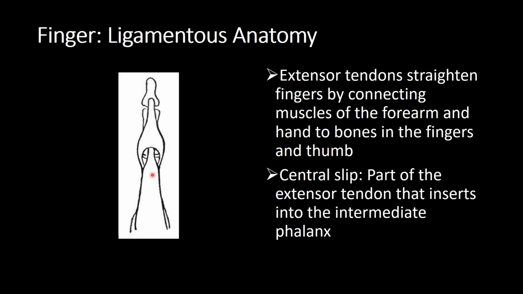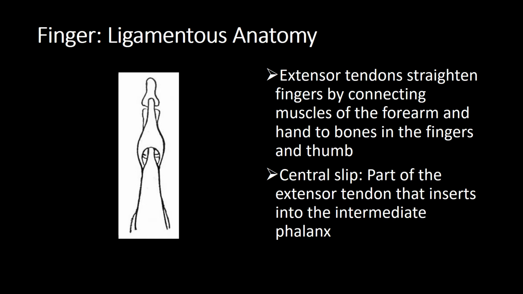The principal tendon, this is our long extensor tendon, and it divides proximal to the proximal interphalangeal joint into three separate slips. This middle slip inserts into the base of the intermediate phalanx. The lateral slips pass distally on each side of the phalanx.